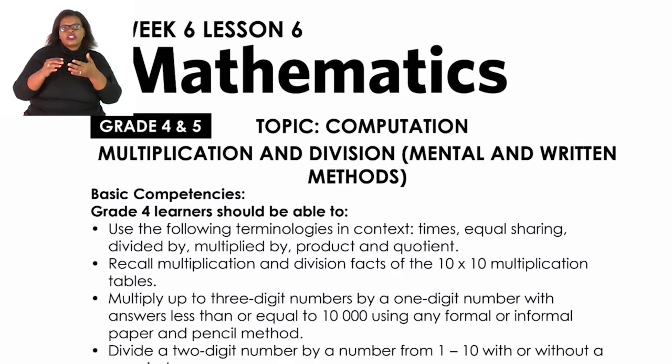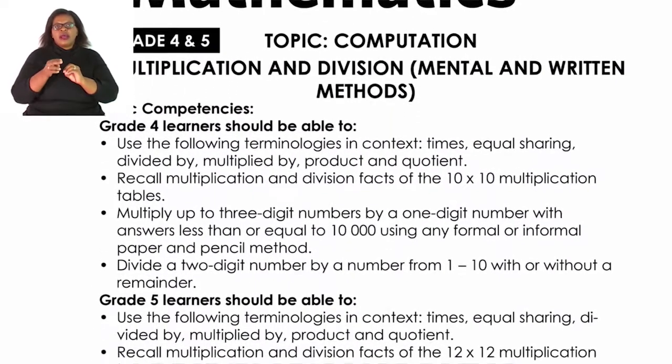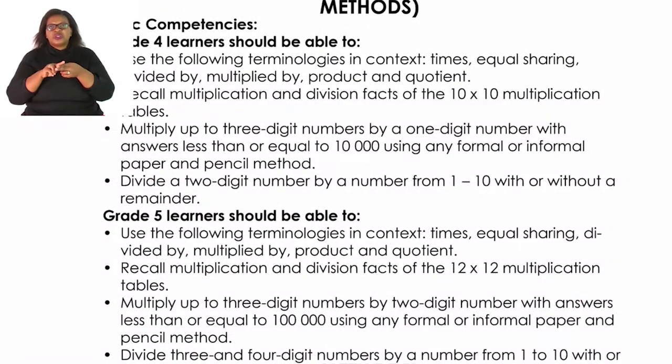Number 3, the learner should multiply up to 3-digit numbers by a 1-digit number with answer less than or equal to 10,000 using any formal or informal paper and pencil method.